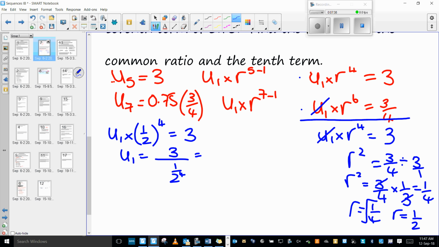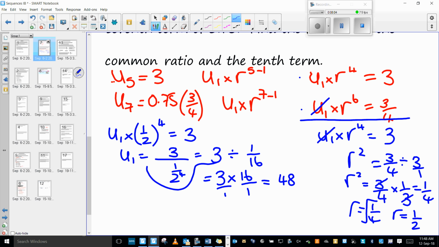So this is 3 divided by 1 over 16, which is 3 multiplied by 16 over 1, giving 48. So that's our U1.